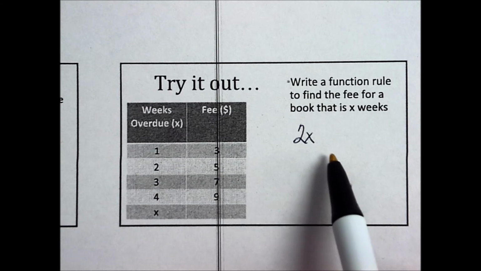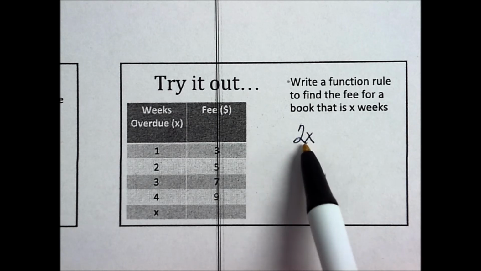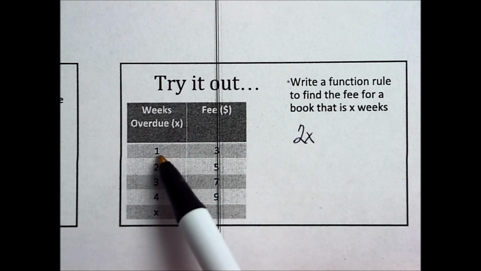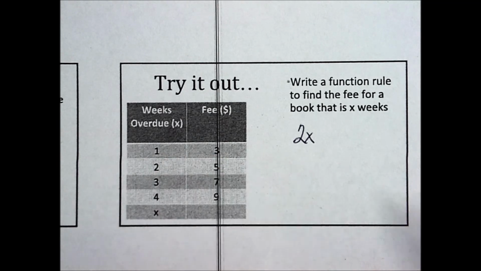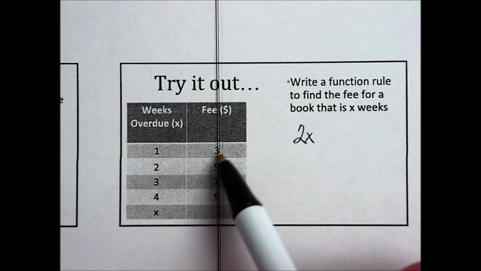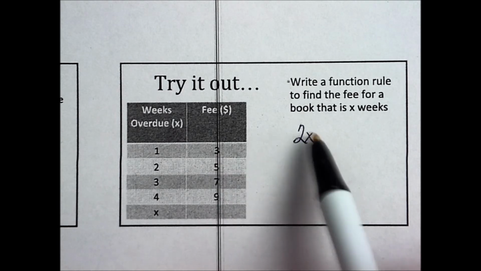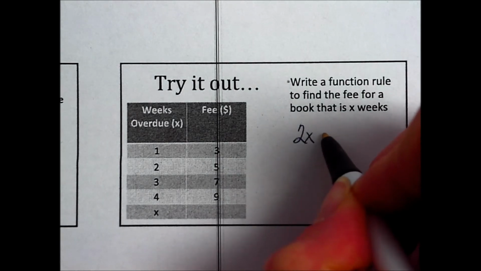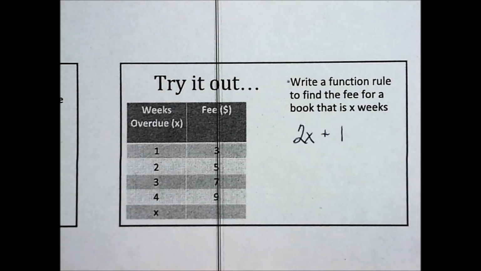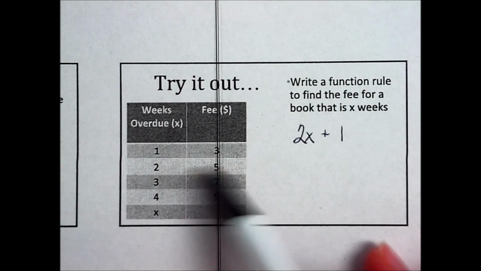Okay, so now if it was just 2x, then if I plugged in this 1, it would give me the 2, but it doesn't. It gives me a 3. And a 3 is 1 more than what I would have gotten, so I think I need to add plus 1. And now let's check our rule and see if it's right. Let's use the second set.